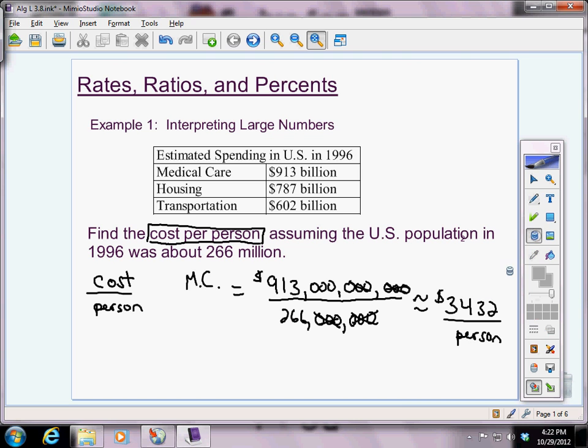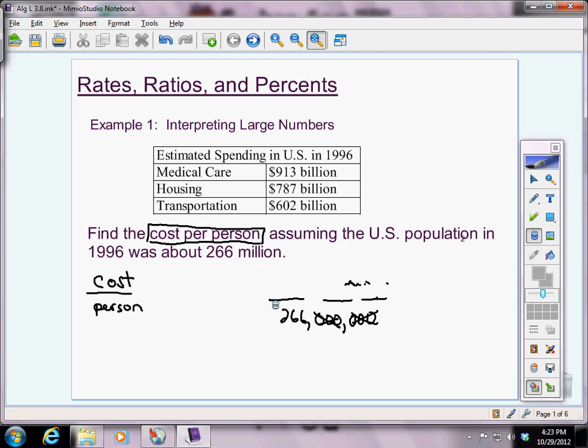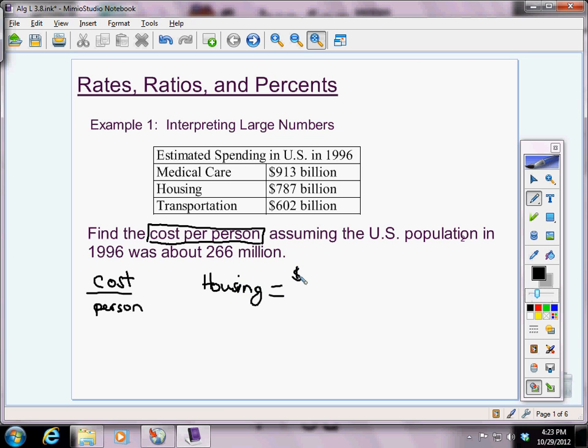We do the same thing if we wanted to check out housing. Again, we're going to focus on cost per person. So the cost of housing is 787 billion, and again, the number of people we have is still 266 million.